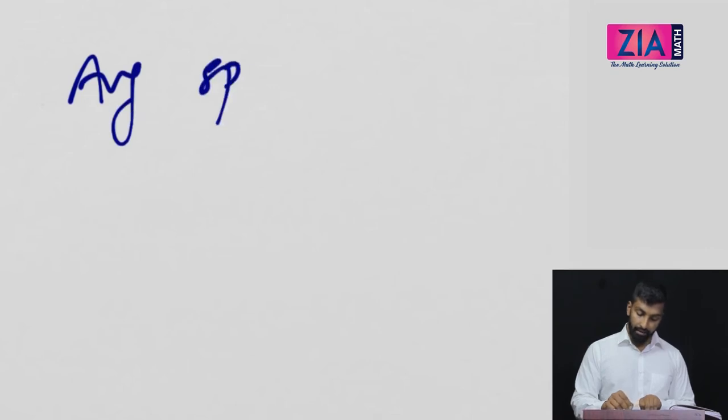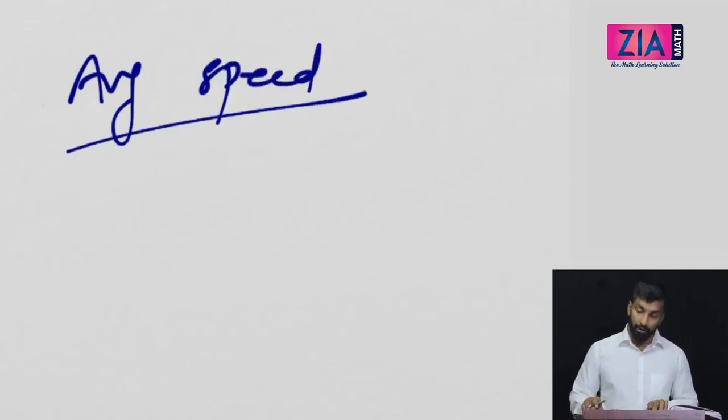What is harmonic progression? I will discuss that in detail when it comes to speed, distance, time. The harmonic mean concepts and applications we will discuss there, because you will see questions like average speed. There you will use 2 different aspects.